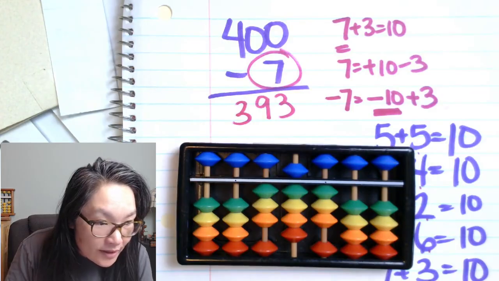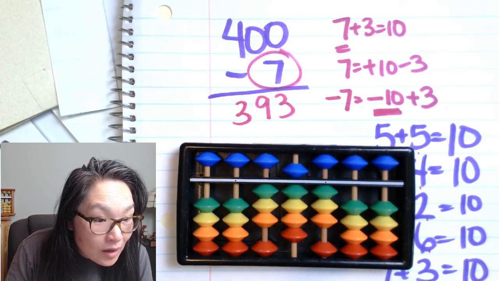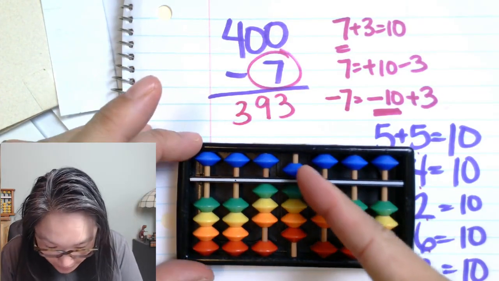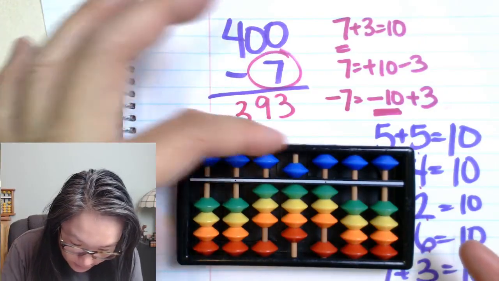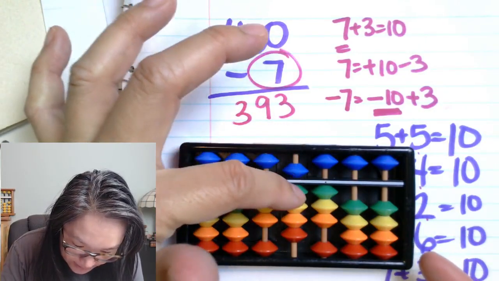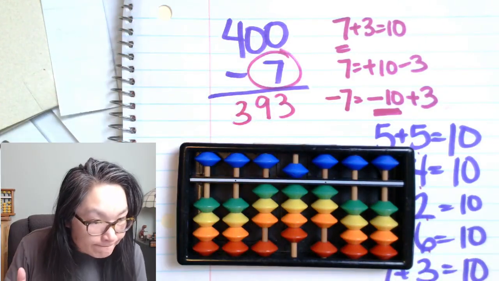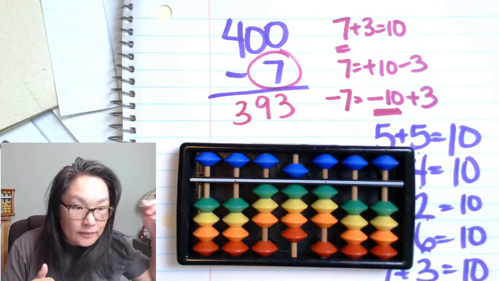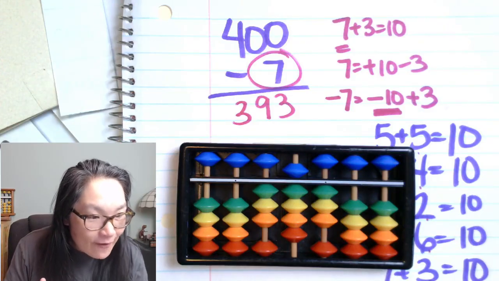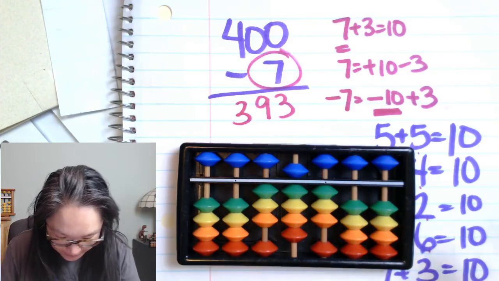I counted to 5,000 on my abacus. Oh, that's cool. That's funny.